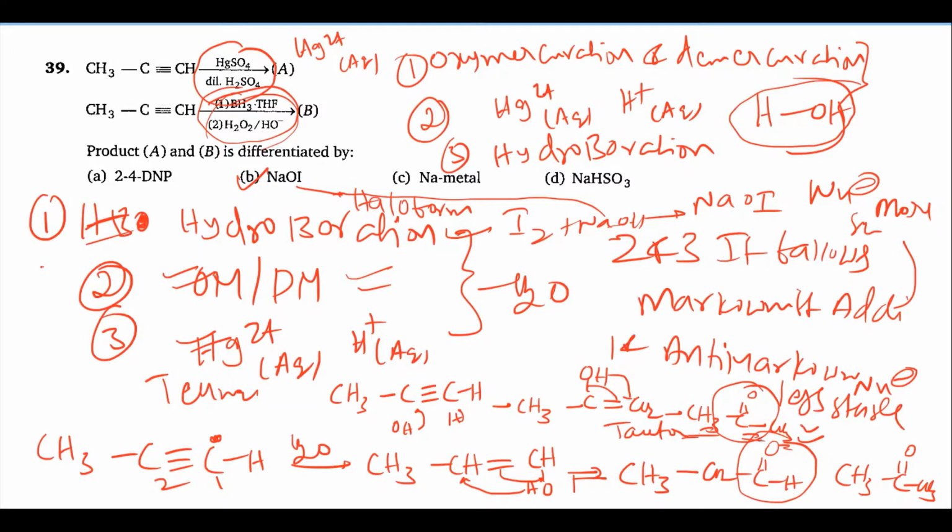Here A gives the iodoform reaction, but B does not. Why? The condition for iodoform with aldehydes and ketones is that it should have an alpha CH3. This aldehyde has an alpha CH2, so it won't respond to the iodoform reaction. So the correct answer will be the second option. This is question number 39.